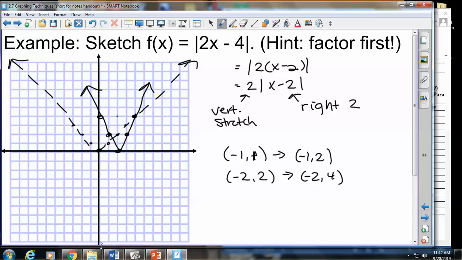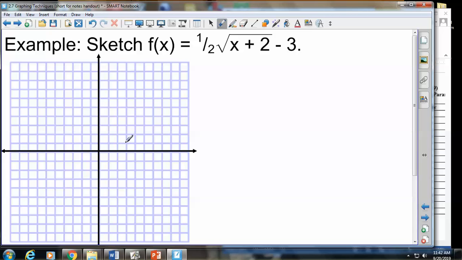How much of this do you guys remember? We can do 1 or 2 more. Go ahead and do this next one.